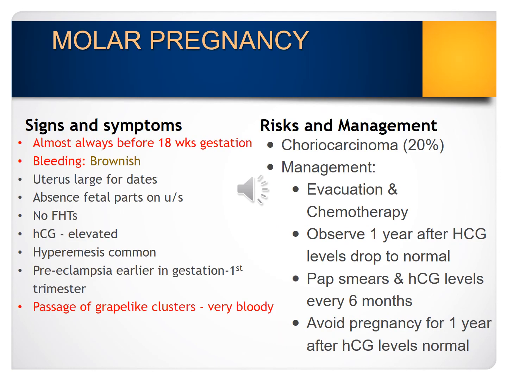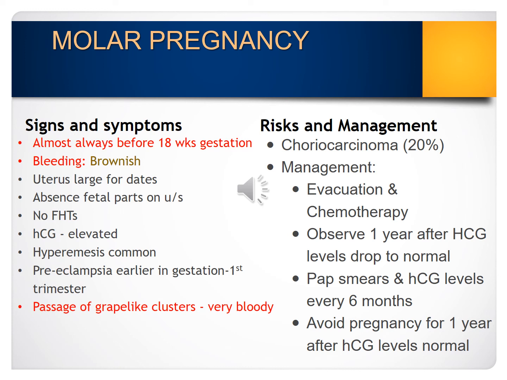Here I've listed signs and symptoms of a molar pregnancy. Again, it's always before 18 weeks gestation, so again in that early antepartum period. And here you note the color of the bleeding. It's old, it's brownish, it's rust color, and so again, that's why it's important to ask the right questions.